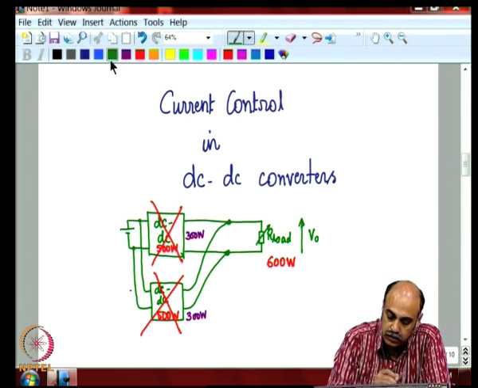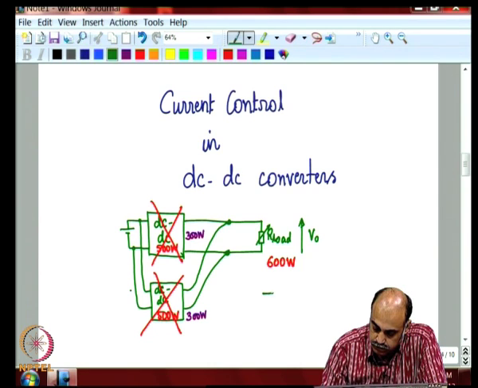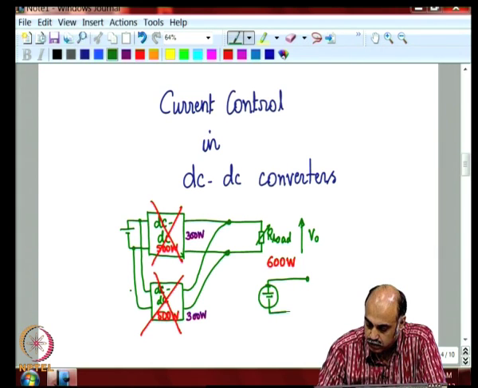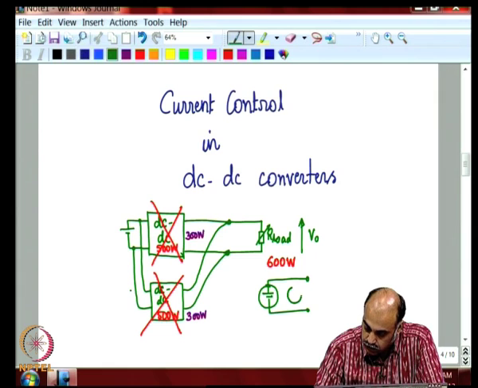It is like now connecting one voltage source in parallel with another voltage source in parallel with the load, R load.